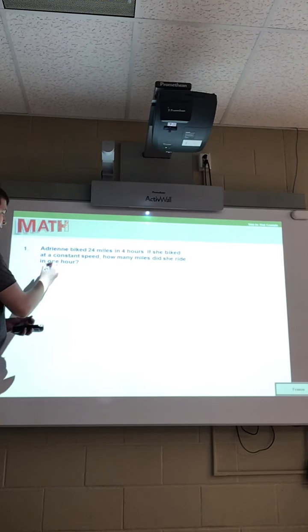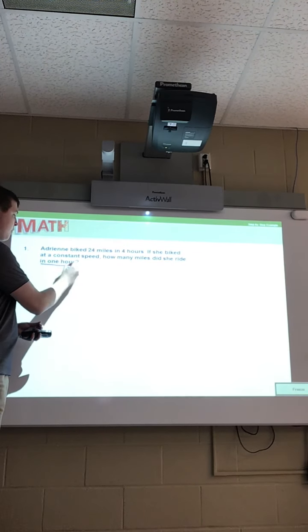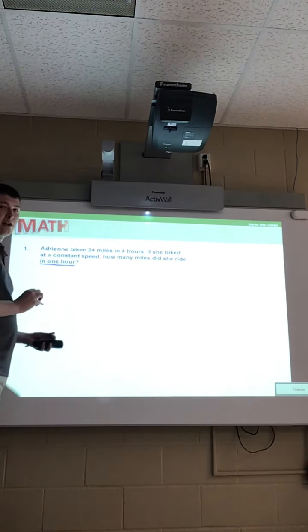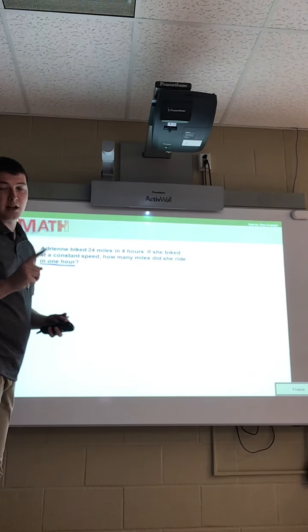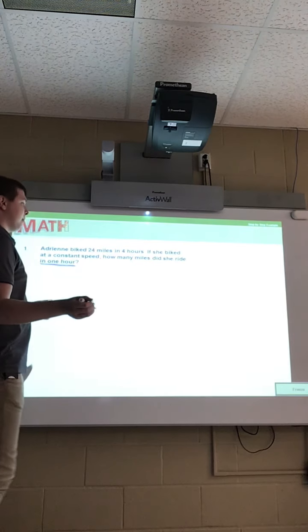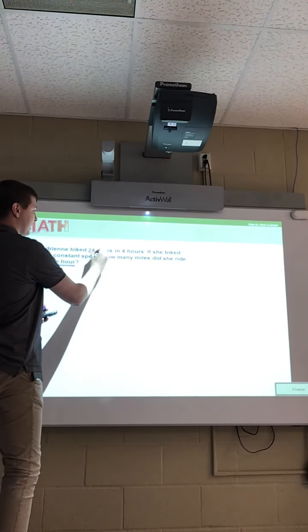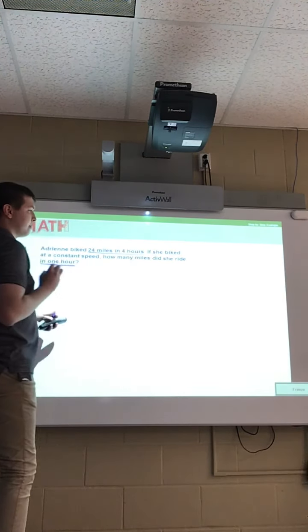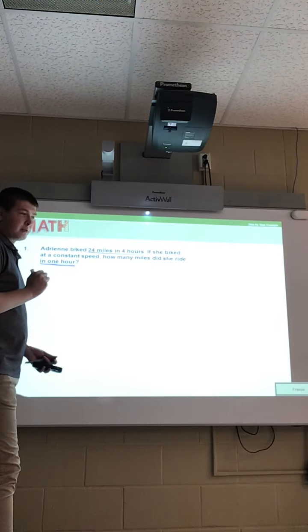This part, in 1 hour, should signify to you that it's wanting not the rate, but the unit rate. The rate you can find right here: 24 miles in 4 hours.